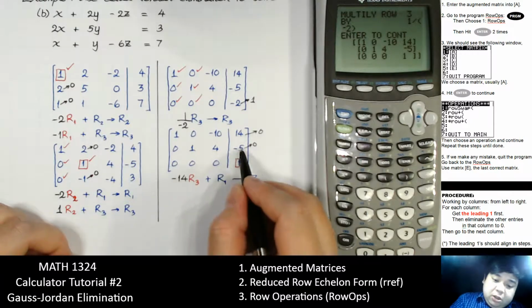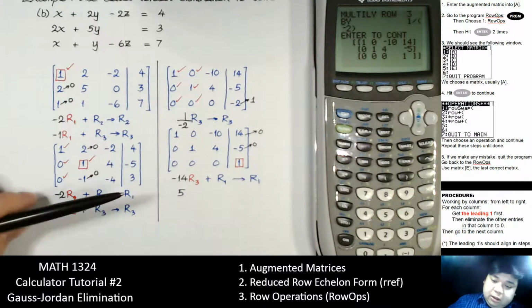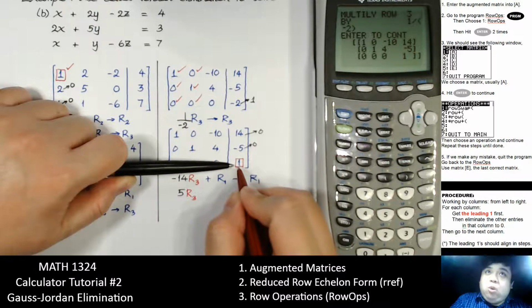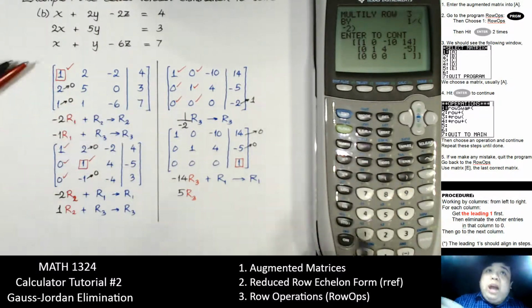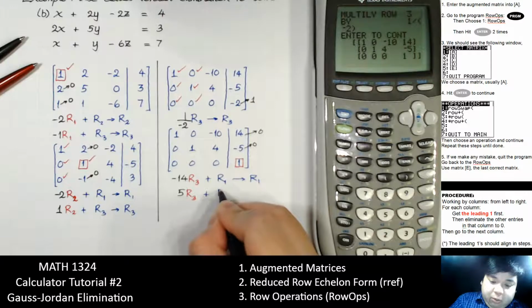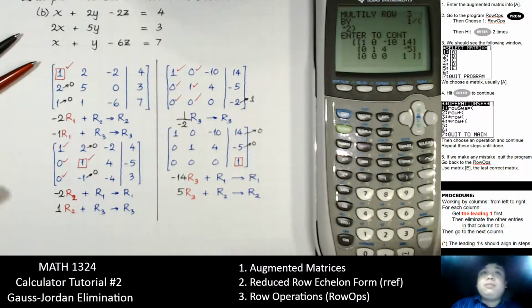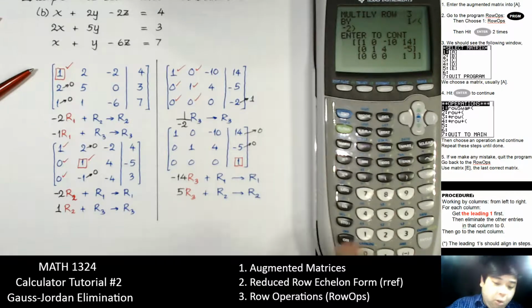And opposite to this number, multiply to row 3, because it has the leading one. We add and replace to row 2. Right, we do those 2 operations.